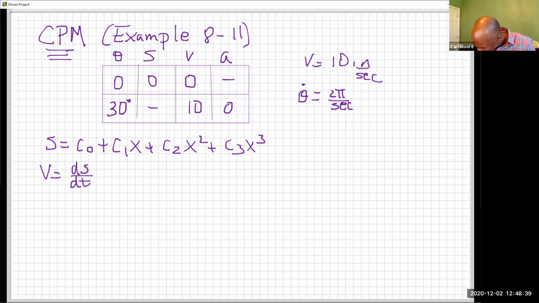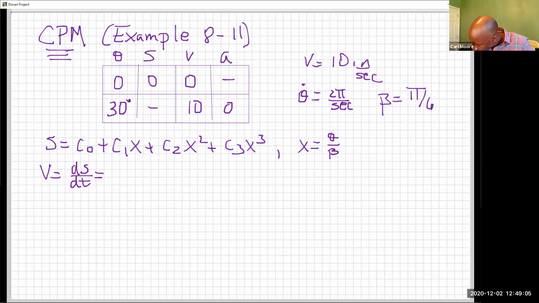And so ds dt is going to require that we know what the derivative of x is. I didn't even say what x was. x is equal to theta over beta, and our beta is equal to 30 degrees, or pi divided by 6.